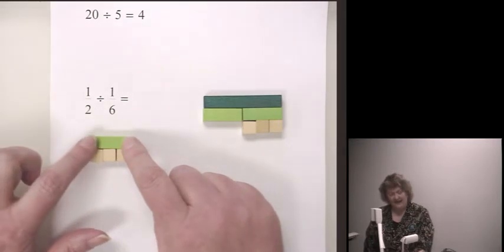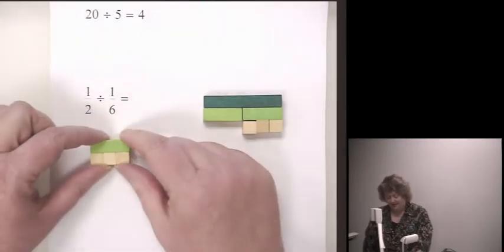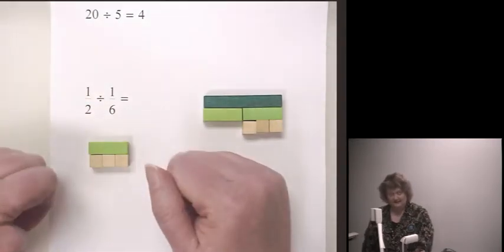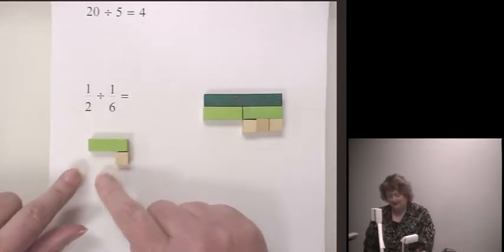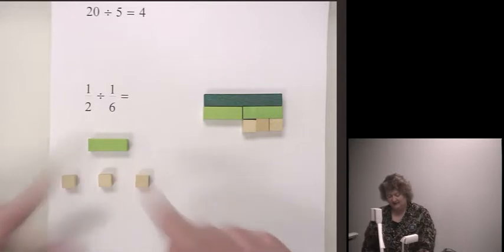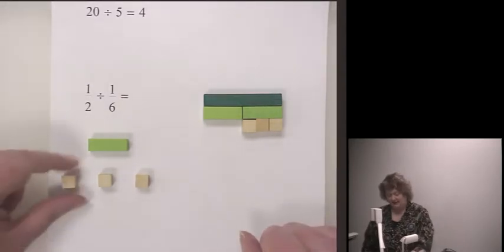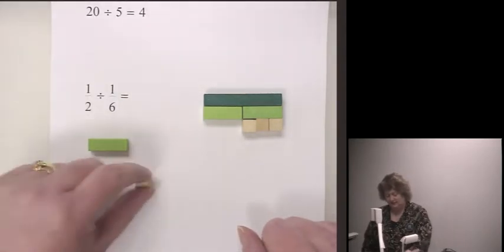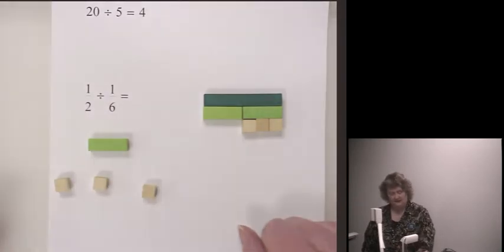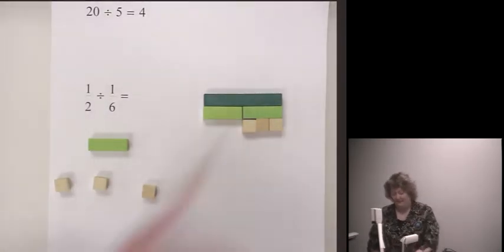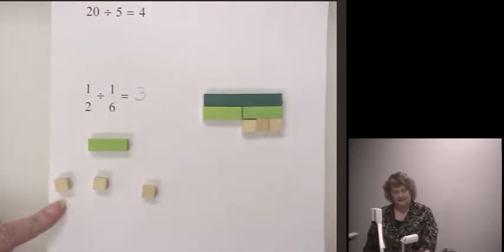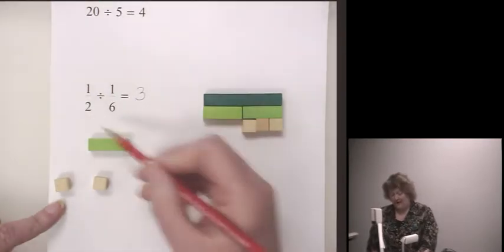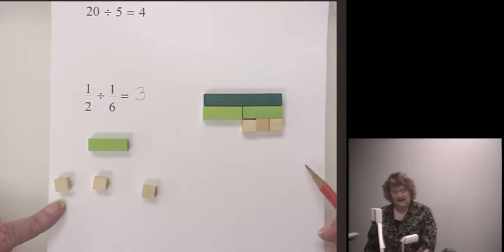If I take this half and divide it into 1/6 sizes, how many 1/6 do I have? That's a size 1/6 group, that's a size 1/6 group, that's a size 1/6 group. So how many groups do I have? I have 3 groups of size 1/6. So 1/2 divided into 1/6 size is 3.